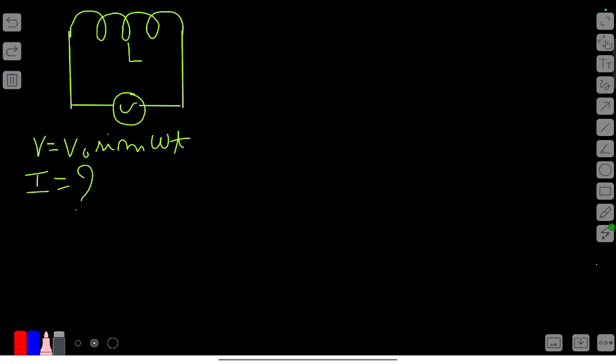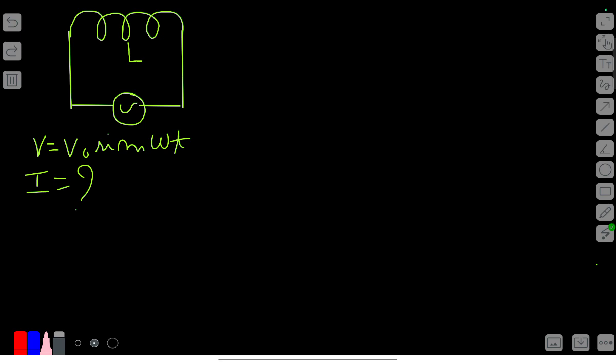But here the resistor isn't present, so we can't use Ohm's law because the resistance is completely absent. So we will be finding some alternative way of getting the value we need.